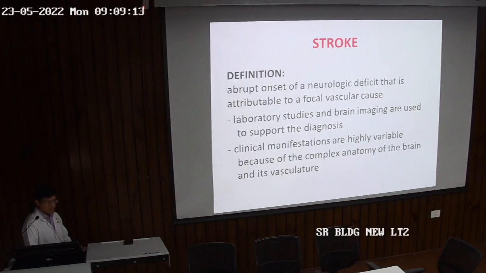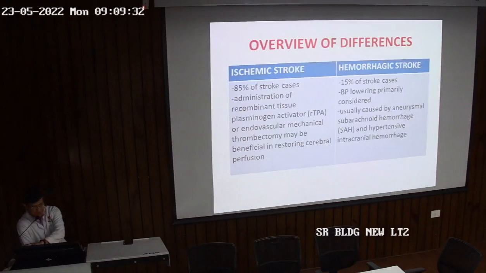You require some laboratory studies and brain imaging. Clinical manifestations are highly variable because of the complex anatomy of the brain and its vasculature. Most patients present with either an ischemic stroke or a hemorrhagic stroke, and in the majority of cases it is the ischemic stroke.